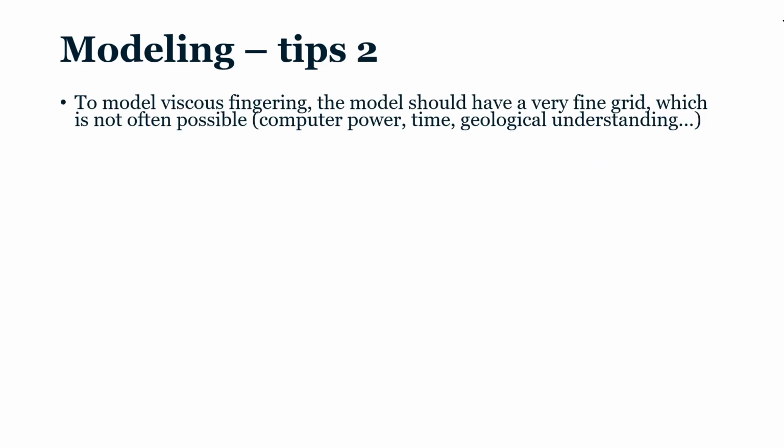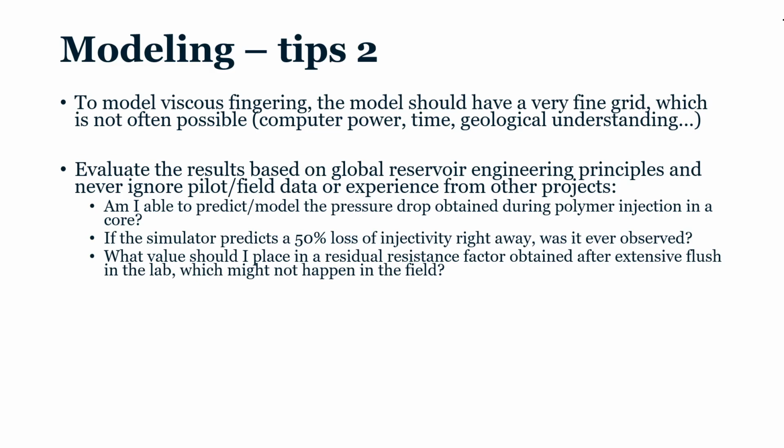Some other tips. So to model viscous fingering, well, you also need to be very accurate geologically. You need, again, to evaluate the results based on reservoir engineering principles. Once again, if the simulation tells you that you recover more oil by injecting 10 centipoise instead of 20 centipoise, there is likely a problem, and the problem is likely that you have a bottom hole pressure constraint.